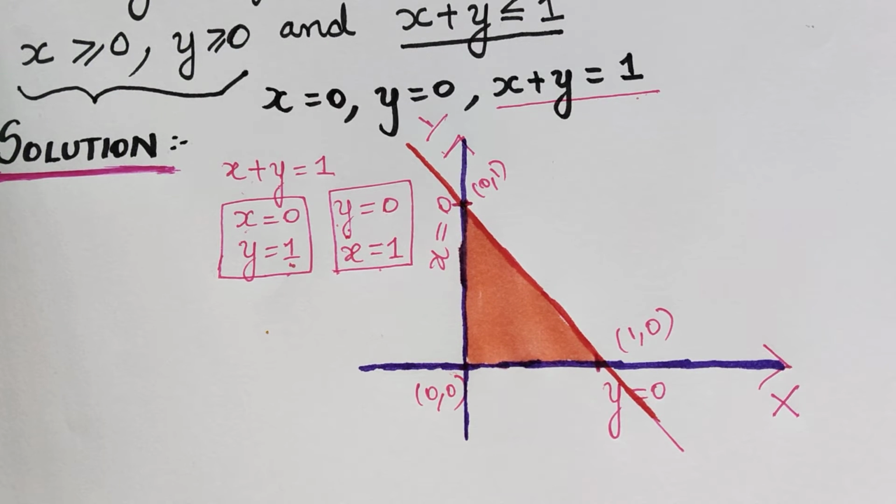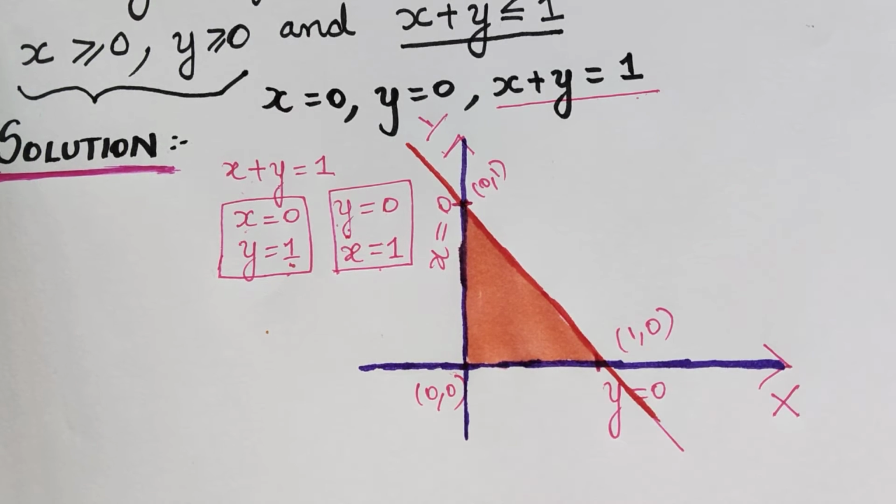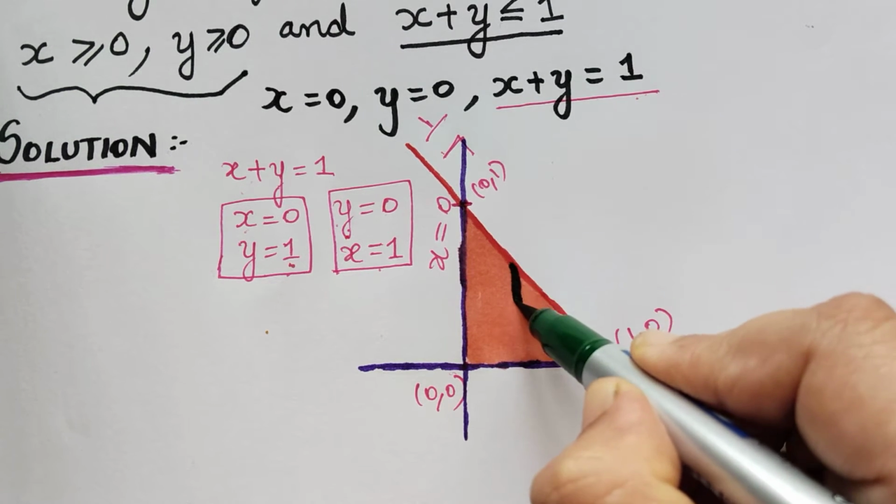Now in order to do that, we have to find the limits for x and the limits for y, for which we have to draw a strip vertically or horizontally. I am going to draw it vertically. You can choose to draw vertically or horizontally as well. It's up to us. I am going to draw a strip vertically, parallel to the y-axis.